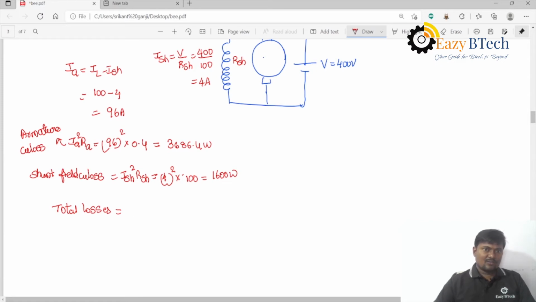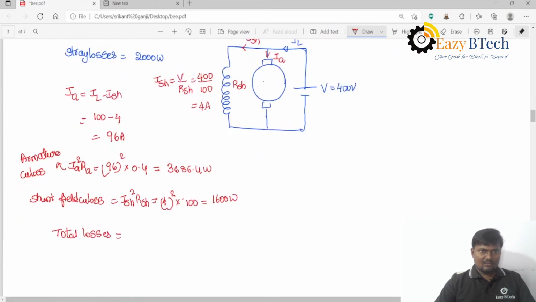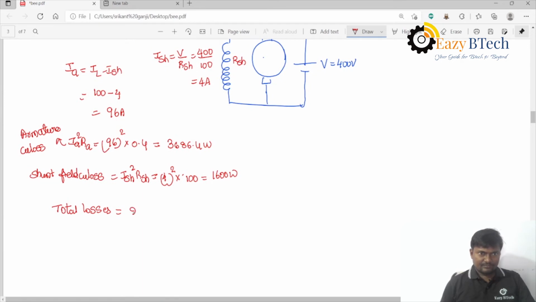The stray losses are 2000, plus 1600, plus 3686.4. So the value of total losses is 7286.4 watts.